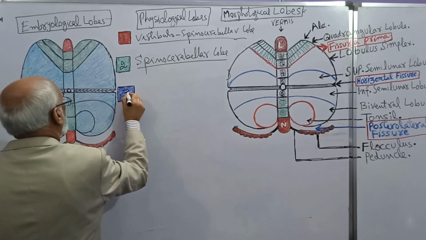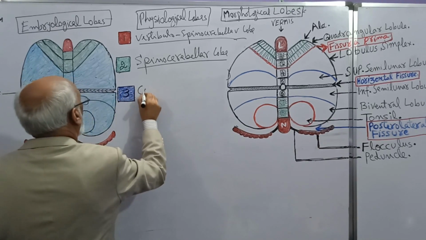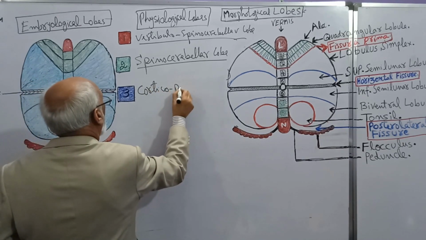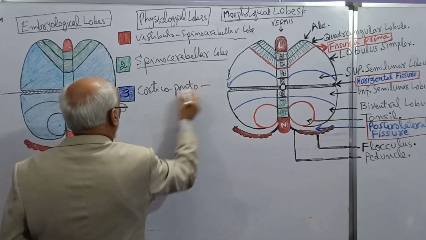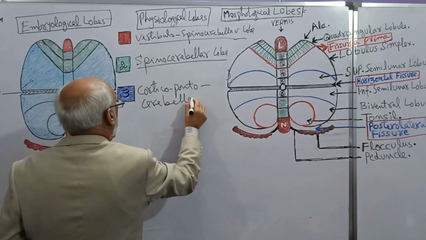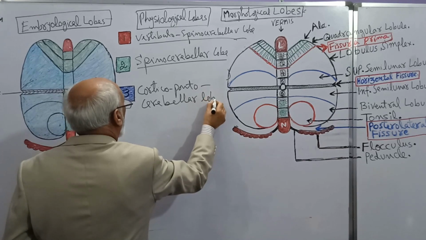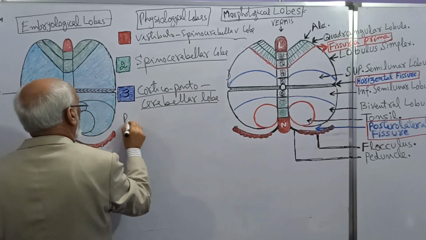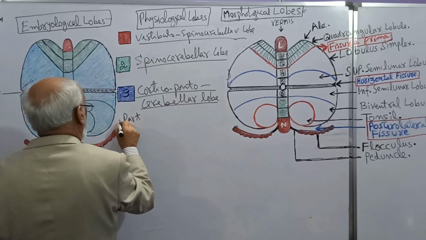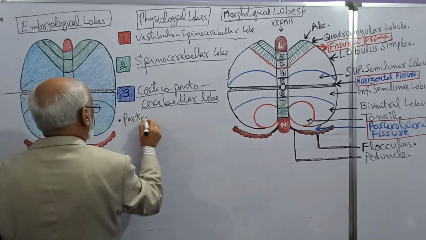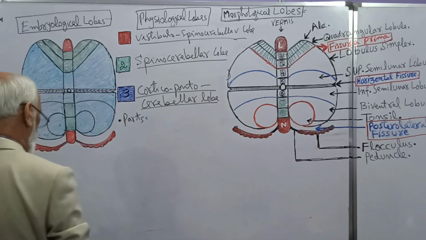The third physiological lobe, corticopontocerebellar lobe. Now again, using the same headings, which parts are included in this lobe?